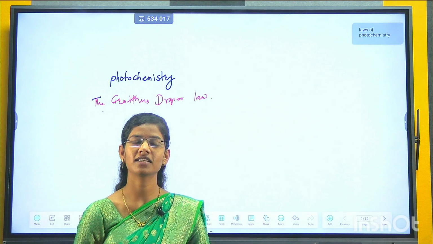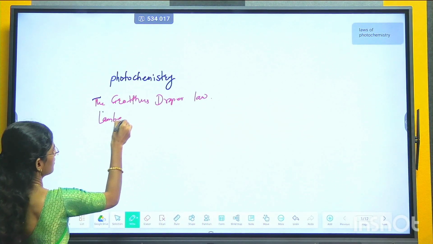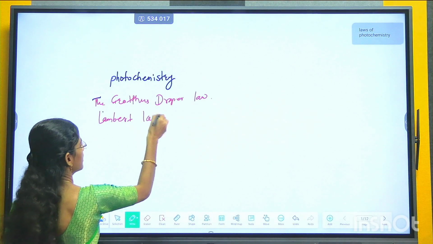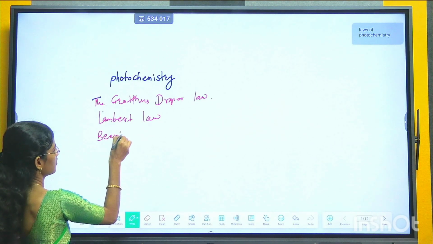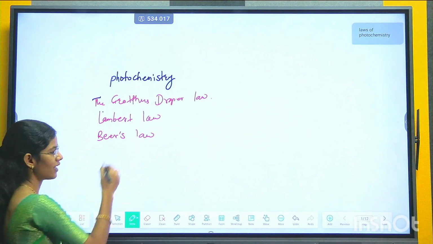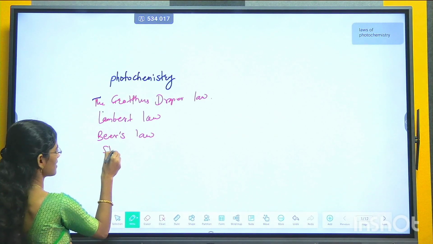Then we have to study the second law, that is Lambert's law. Next we have to study Beer's law. And lastly, we have to see the Stark-Einstein law.